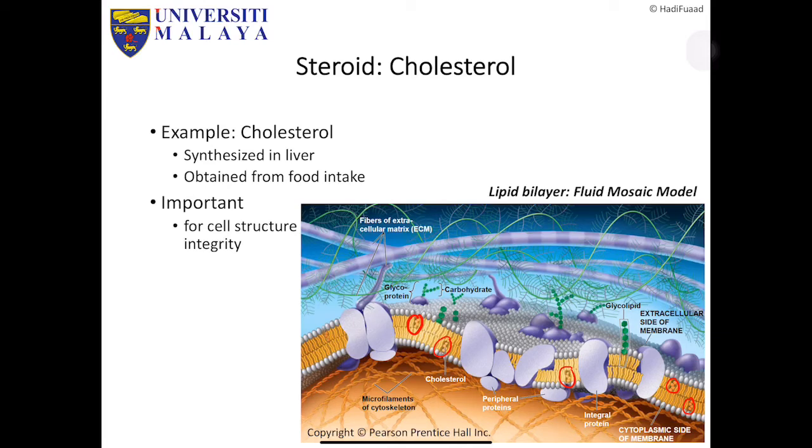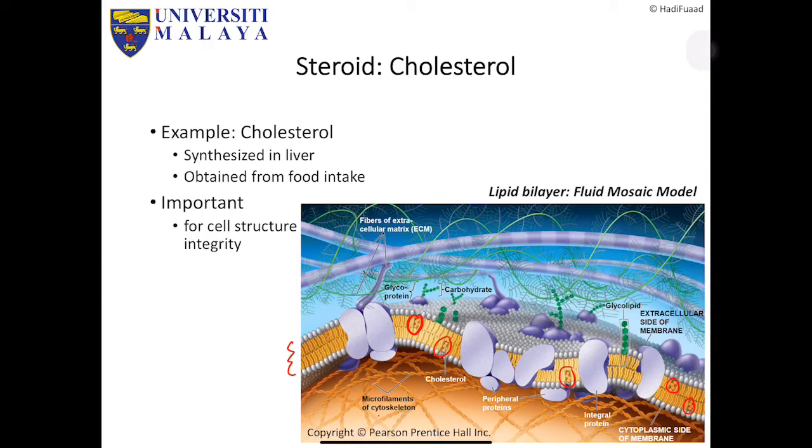Okay, so these are the glycerophospholipids bilayer, and then you can see in a more cell-like model. So you have not just the lipid bilayer, you do have glycoproteins, you have carbohydrate glycolipids.